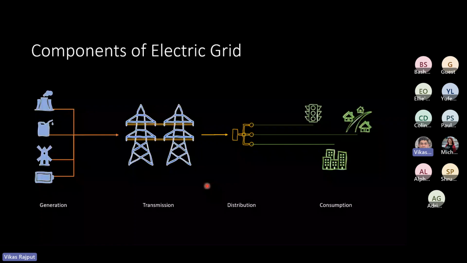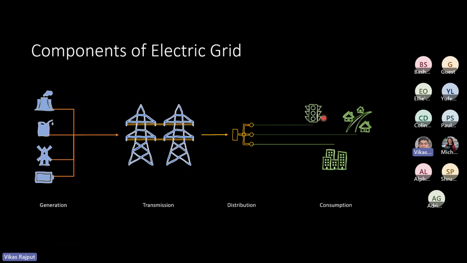Distribution is where there is high voltage electricity, everything that's going on in the main transmission lines. And there are distribution centers, which step down the voltage. That's when it's actually ready to be distributed to the points of consumption. The points of consumption being some critical infrastructure.